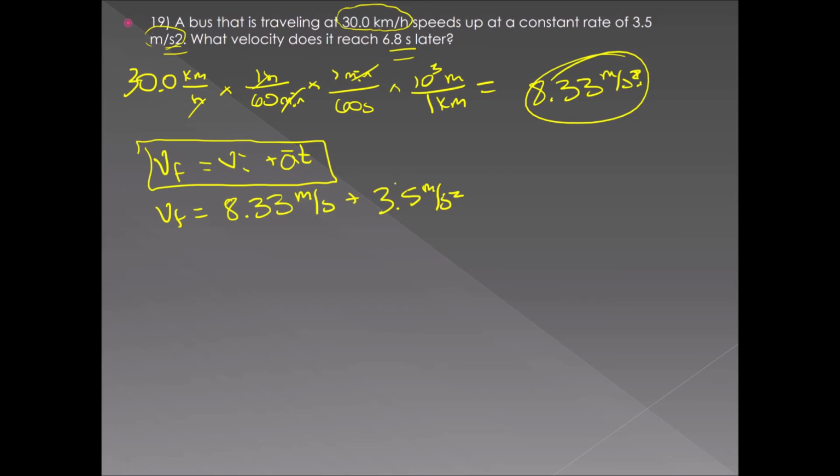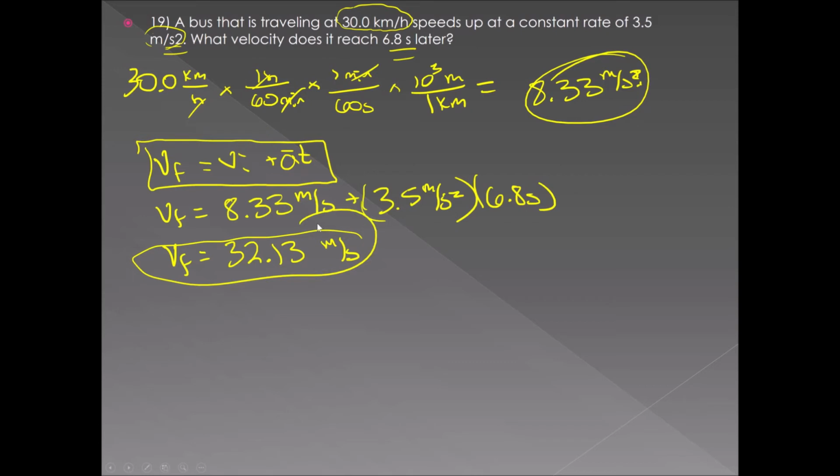So the acceleration is making the velocity go faster, or increase in magnitude. And our time was 6.8 seconds. So we get 32.13 meters per second. Bing. All right, go ahead and try number 20 on your own.